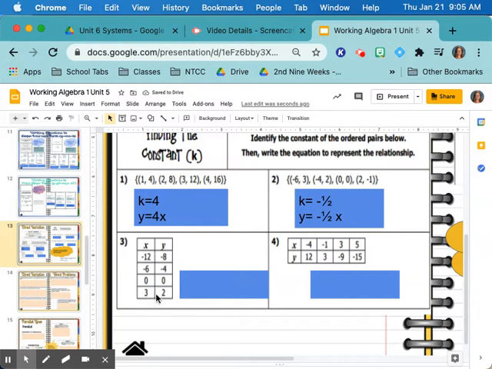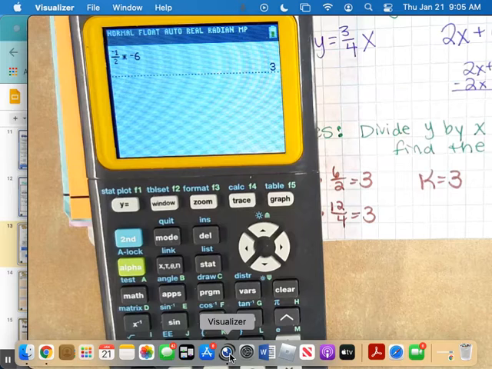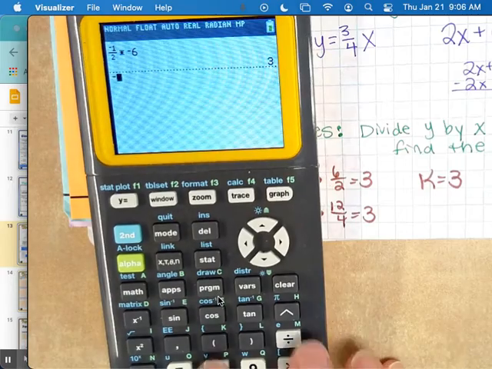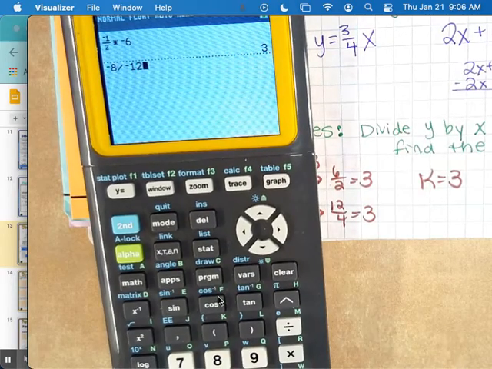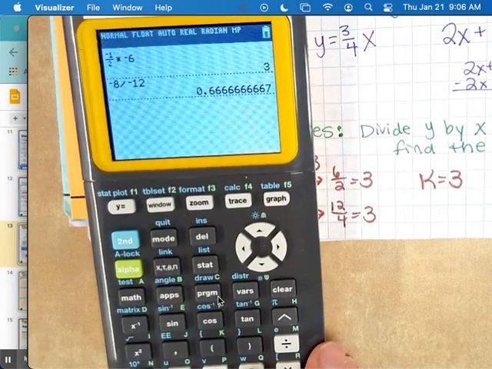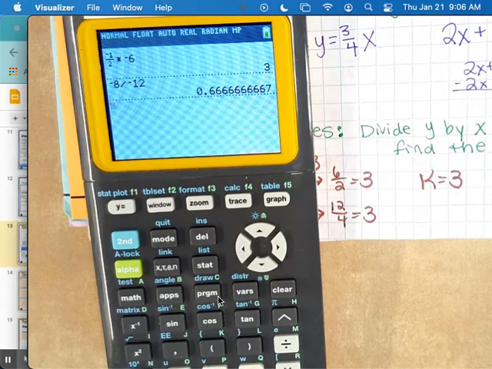Okay, the next one. We are going to divide y by x to find our constant of variation. So in this one, we're going to do -8 divided by -12. But I want a fraction because I want my constant.